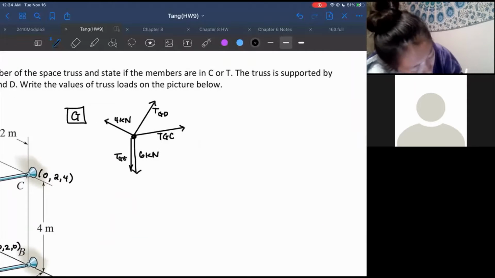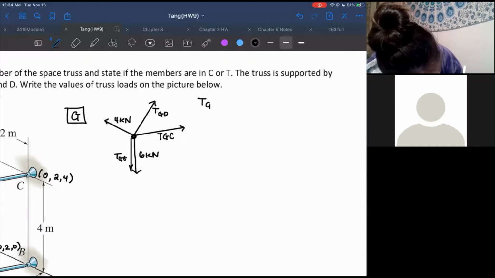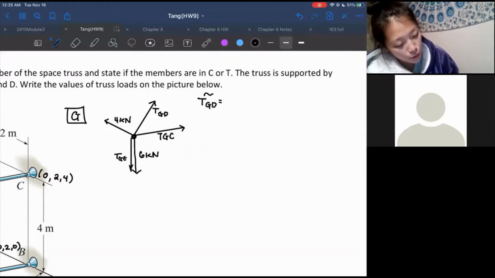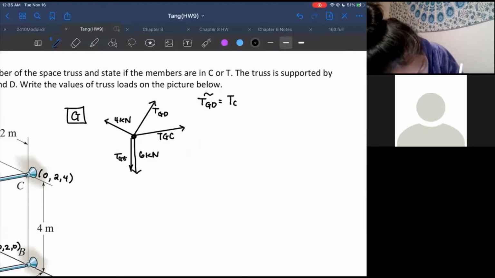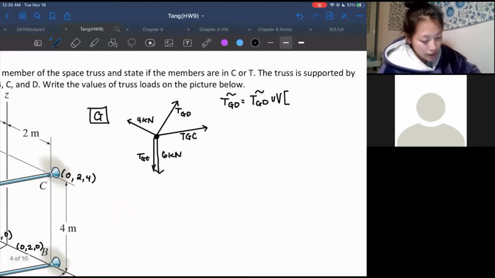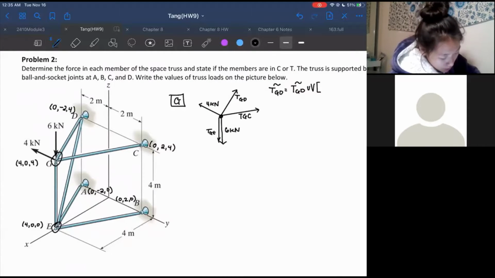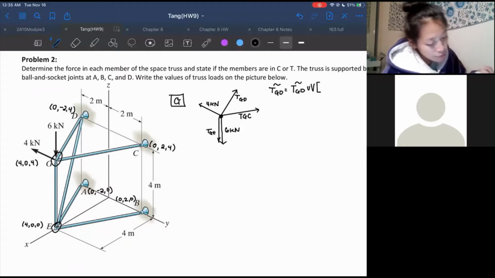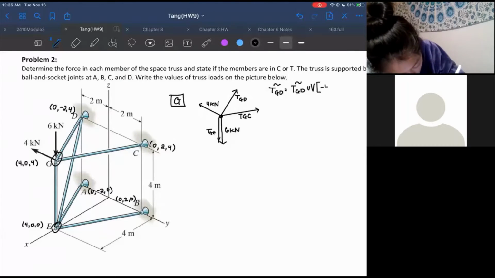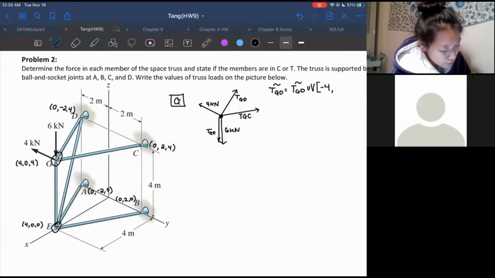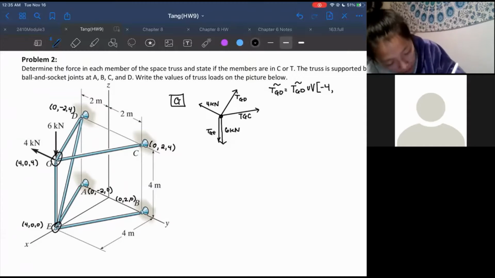So we know TGD is equal to the force, and we're going to do the unitized vector and find the vector GD. So that will be 0 minus 4, which is -4. Then it'll be -2 minus 0, which is just -2.